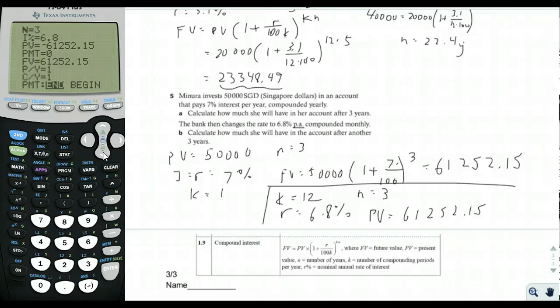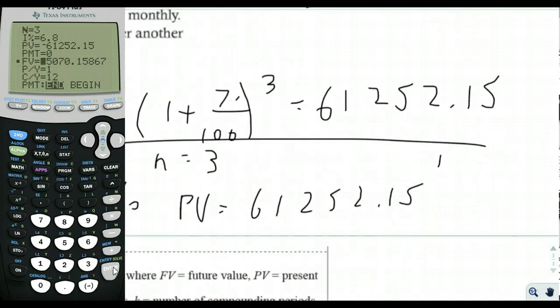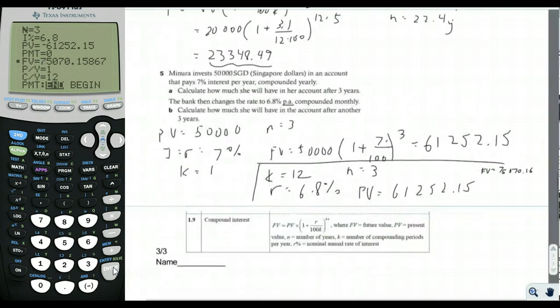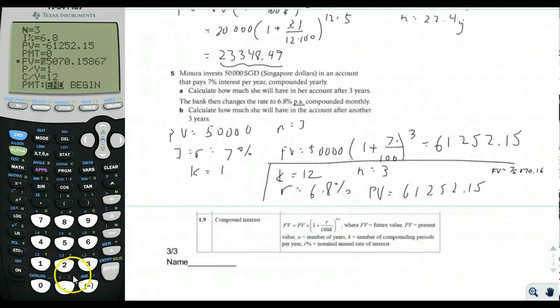And the compounding per year is going to be 12 instead of 1. And then we're going to calculate the new future value, just 3 years after that. It's going to be 75,070.16. Okay, that's it for this problem set.